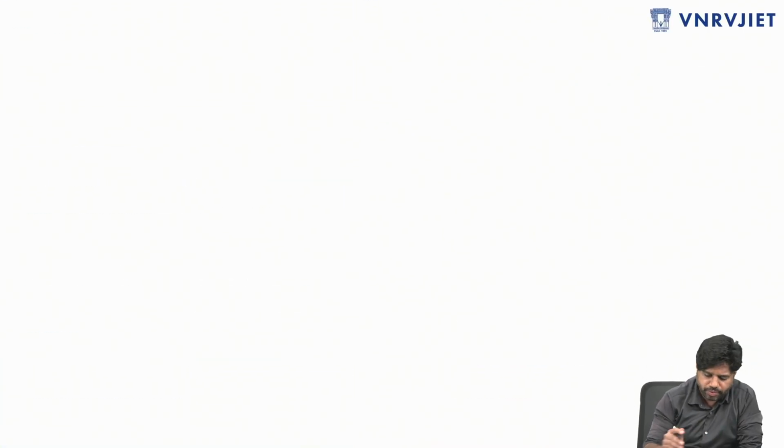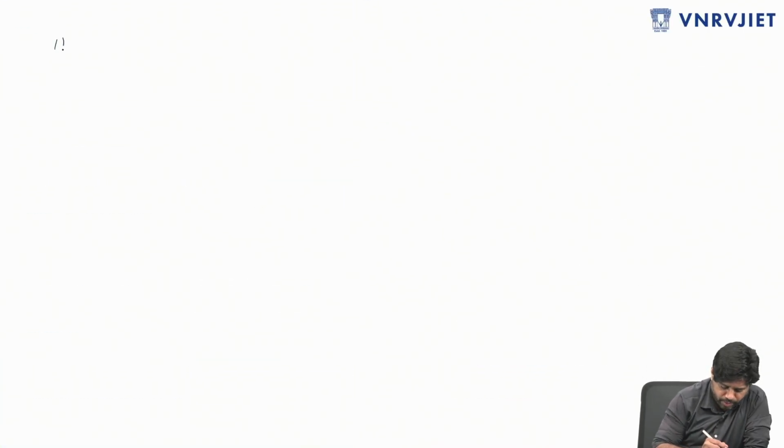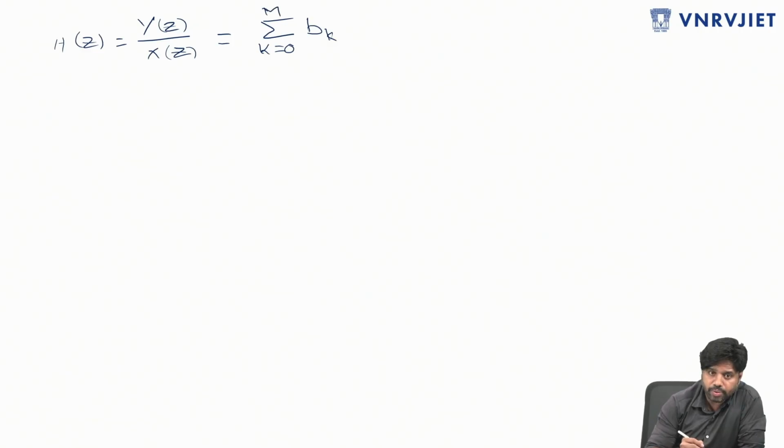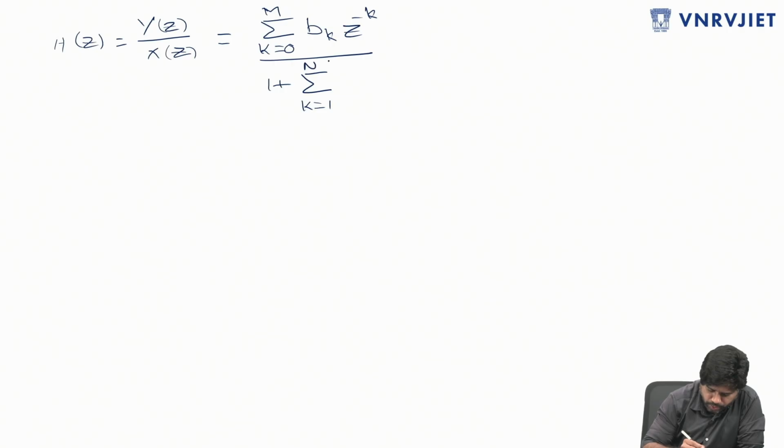So first we see the system function mathematical representation. H of z is equal to Y of z by X of z. So this will be equal to sigma k equal to 0 to m, b_k z power minus k, by 1 plus sigma k equal to 1 to n, a_k z power minus k.